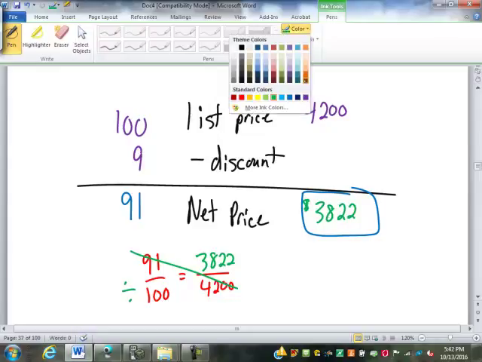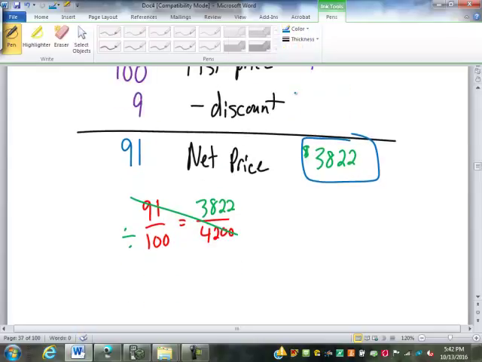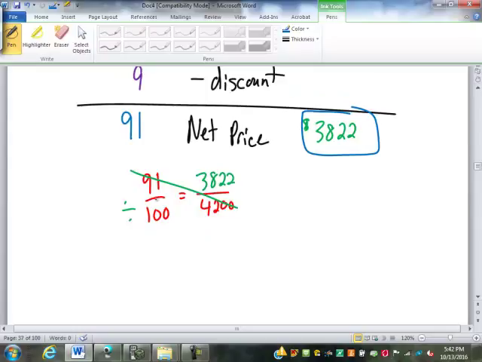But this is a calculation we're going to do often enough. It'd be nice to shorten it up. So if we were going to do this with our rate method, rather than using 91 over 100, we could have just taken our $4,200 and multiplied. What is 91% as a decimal? 0.91 gives us our 3,822.